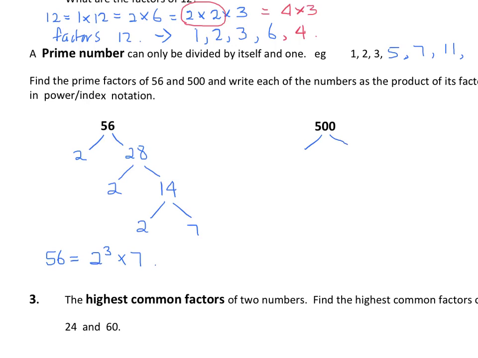Look at the first, or the lowest prime number, 2. 2 divides into 500 twice. 2 times 250 is equal to 500. Can we divide 2 into 250? Yes, we can. 2 times 125 is 250.